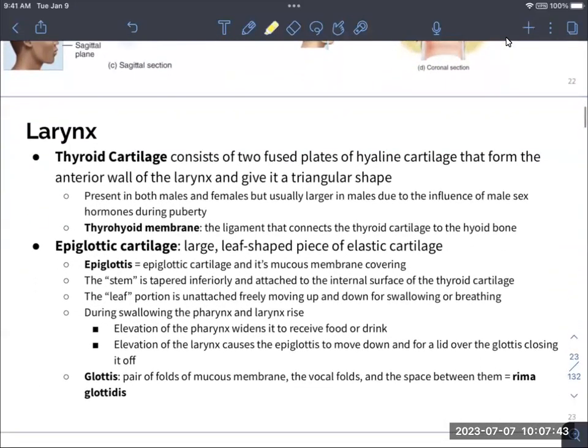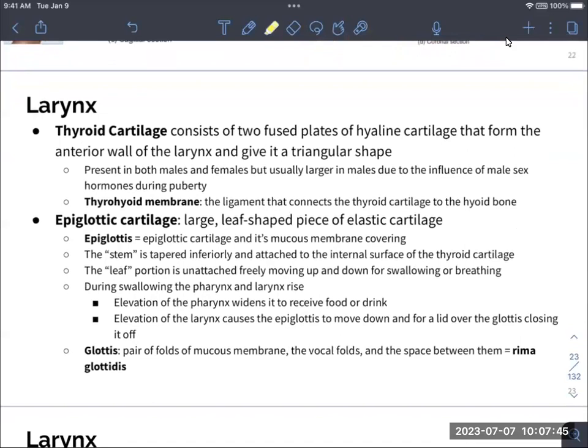This thyroid cartilage is technically two different pieces that fuse together during growth, and it's in the front of the larynx. Both males and females have it. Males are slightly larger, and the thyroid cartilage is what gives the Adam's apple appeal.